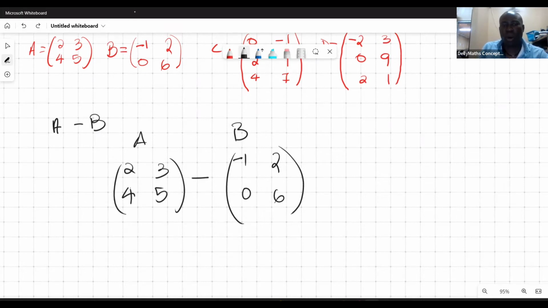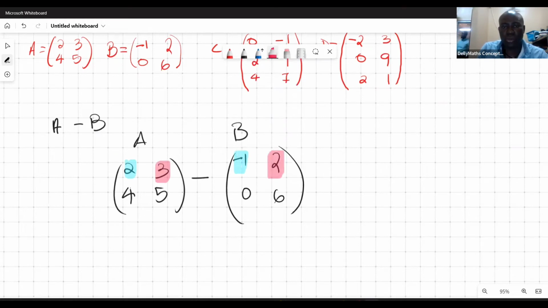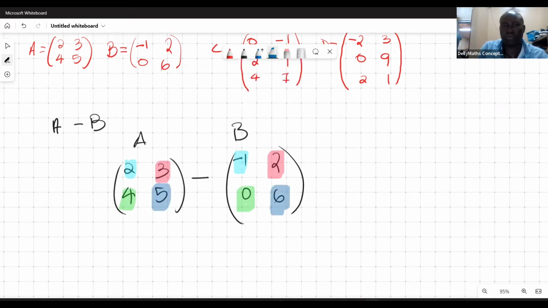Let's just highlight what we're about to put together. We're about to have 2 minus negative 1, then 3 minus 2, then 4 minus 0, and finally 5 minus 6. So let us come through with this. 2 minus negative 1, 3 minus 2, 4 minus 0, 5 minus 6.